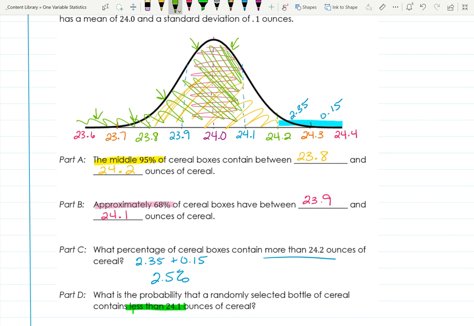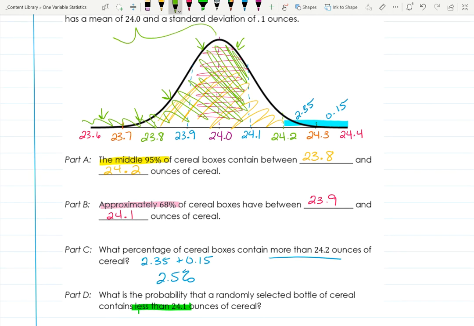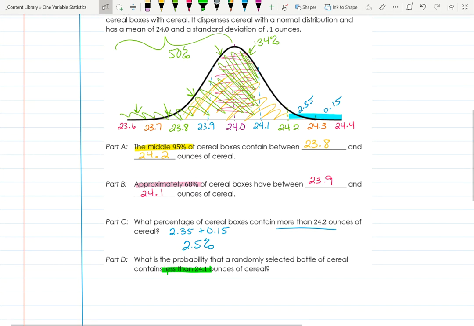Because remember, this is data. 50% of my data is on that side, 50% of my data is over here. So here's 50, so I can just take that whole 50 and then add this missing piece of 34%. If you didn't remember and think about it like 50%, you wouldn't have to, but if you do, it just makes your adding a little bit easier. So 50 and 34 tells us that 84% of the cereal boxes contain less than 24.1 ounces. Okay?